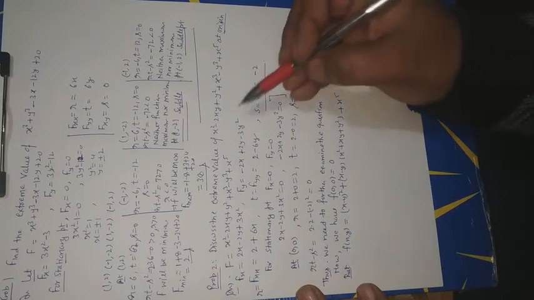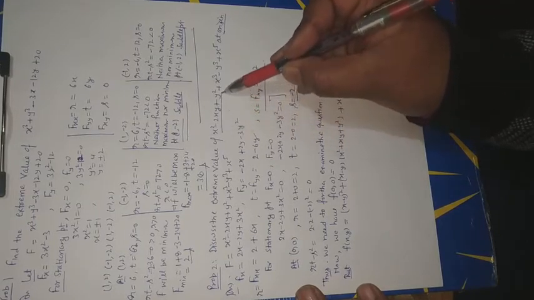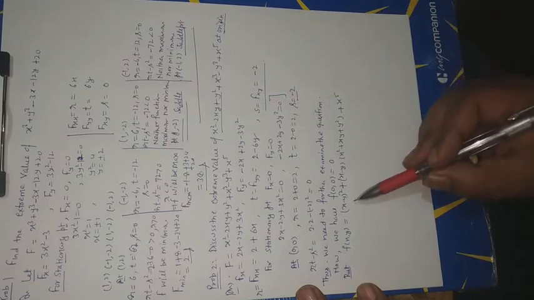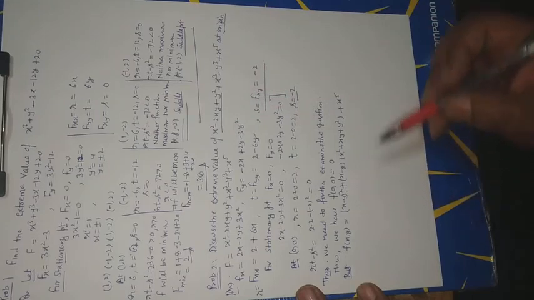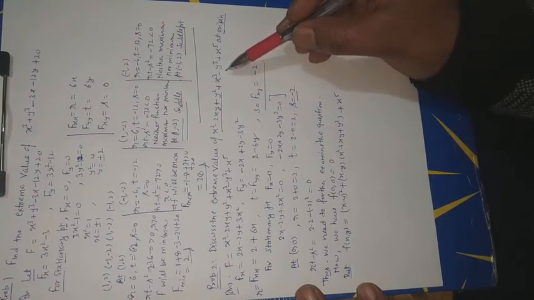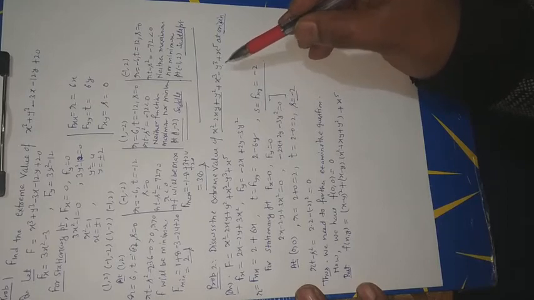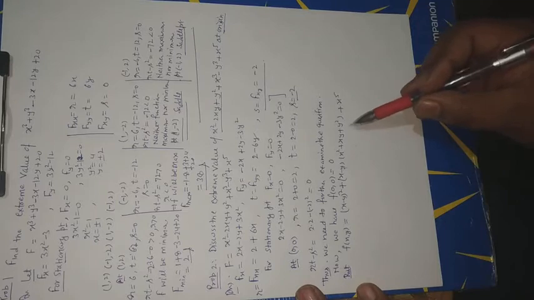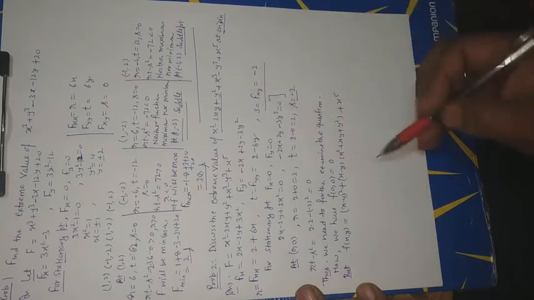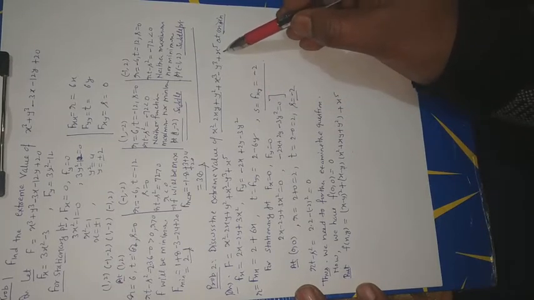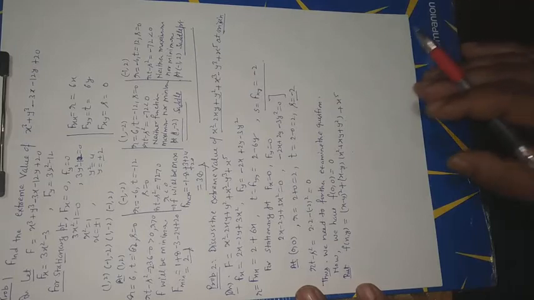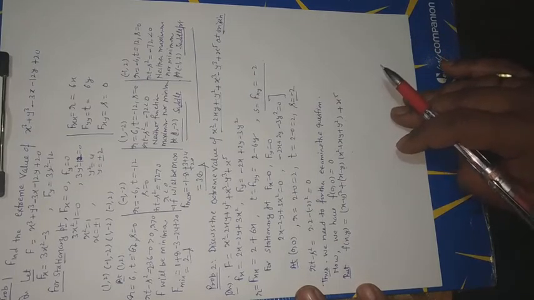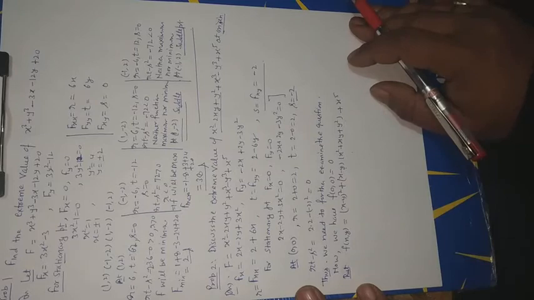Take the first three terms: (x minus y) whole square, and x cube minus y cube, which is equivalent to (x minus y) into (x square plus y square plus xy). This is the factorization. Now x to the power 5 is as it is. There is no problem here.